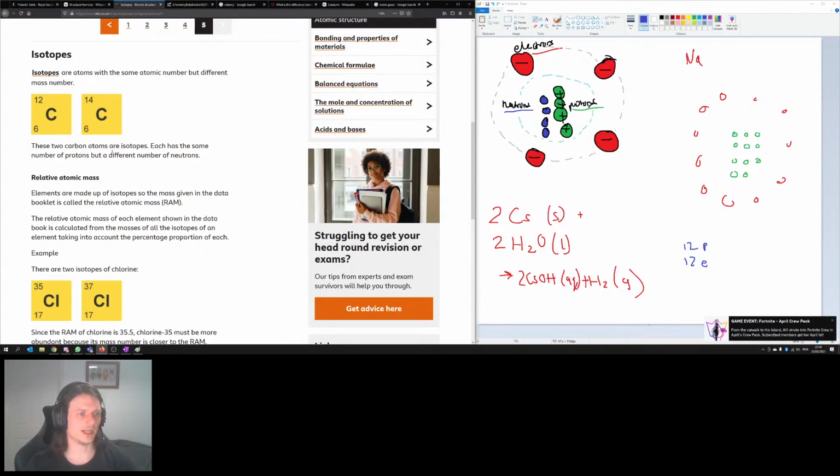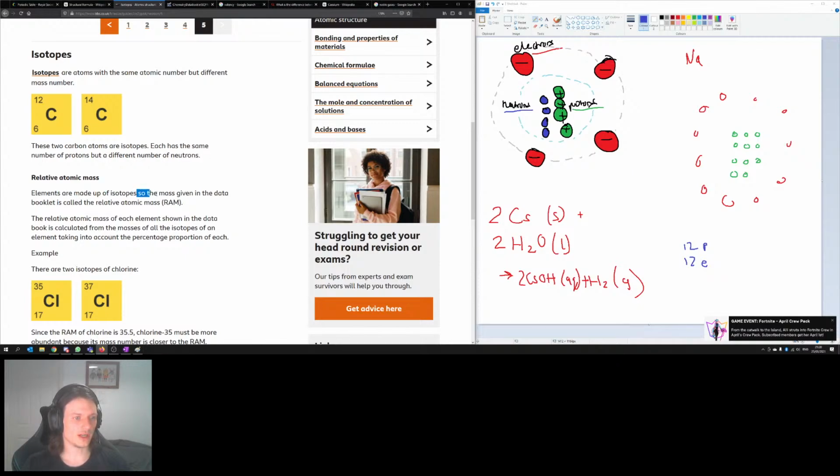These two carbon atoms are isotopes. Each has the same number of protons, but a different number of neutrons. Yeah, okay, that makes sense. Because this would be 6 protons, 6 electrons, and the rest would equal the neutrons.